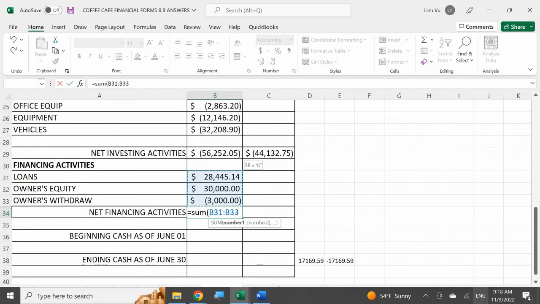That gives 55,445.14. Therefore, I'm going to take my net investing and add my net financing. So how much cash should I have now?